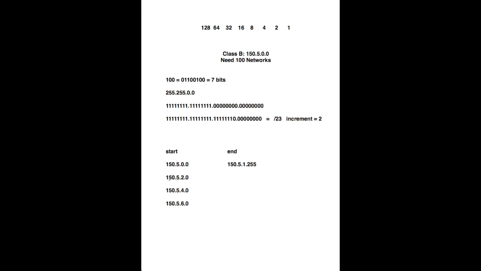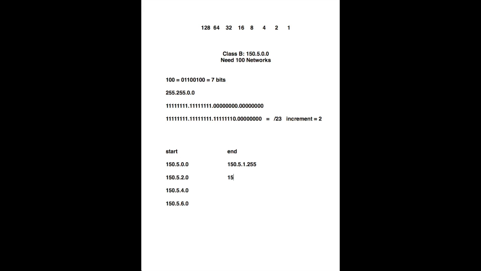It's going to be a whole new network. So this is actually going to be the broadcast address, and this is going to be the network address right here. Remember, you can use all the other addresses in between for hosts, but you can't use the last one, and you can't use the first one.